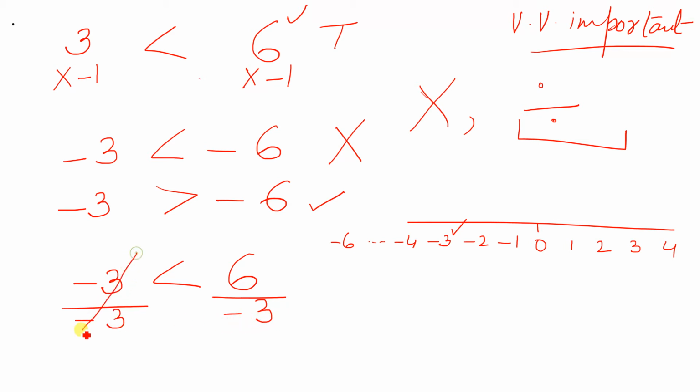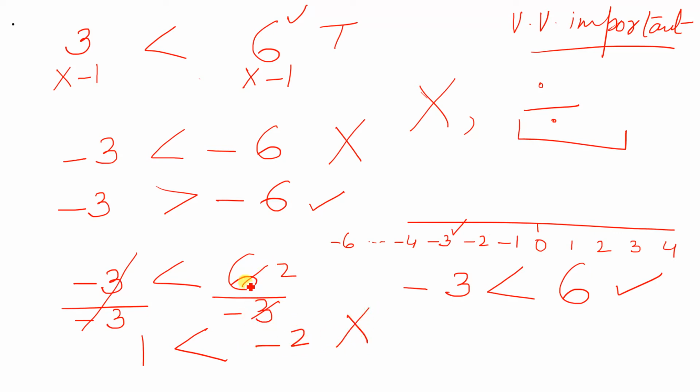So this will cancel. Before, negative 3 is less than 6, which is true. But now 1 is less than negative 2, which is wrong. So that entails that you have to switch the sign.